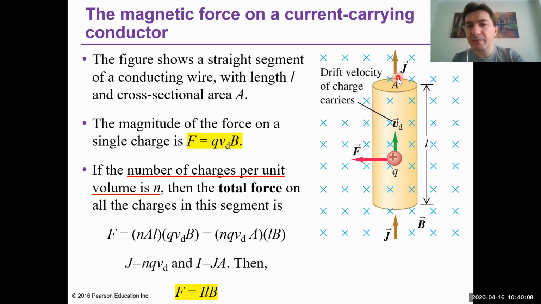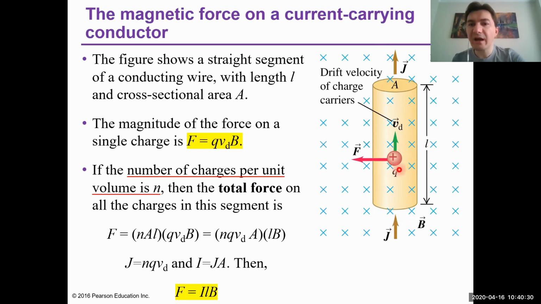We have positive charges within the conductor, and we apply a magnetic field into the screen, or into the paper. This is the direction of the magnetic field, and this is the direction of the current density shown here.